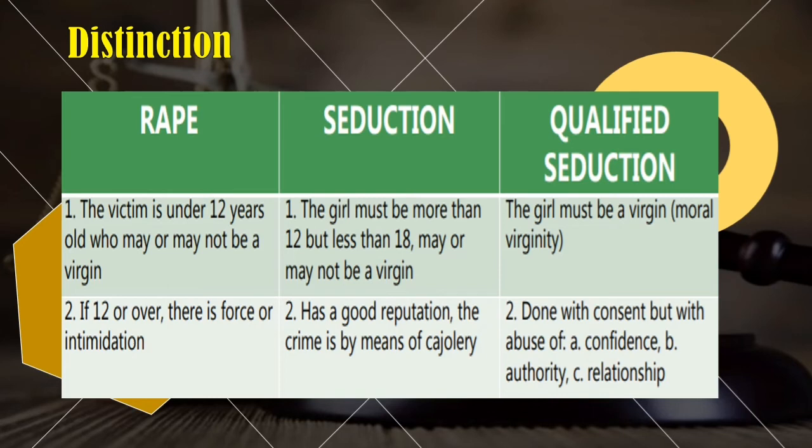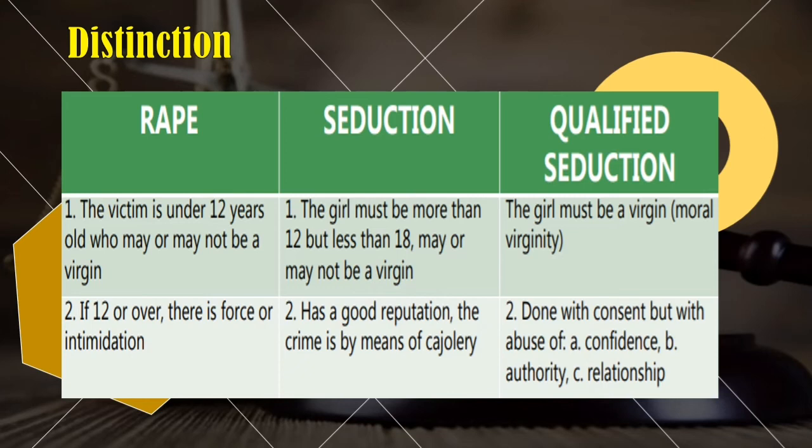And another is for rape, if the child is 12 or over, there is force or intimidation. And for seduction, the girl has a good reputation and the crime is by means of cajolery.